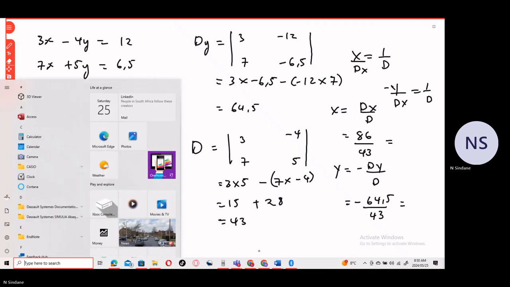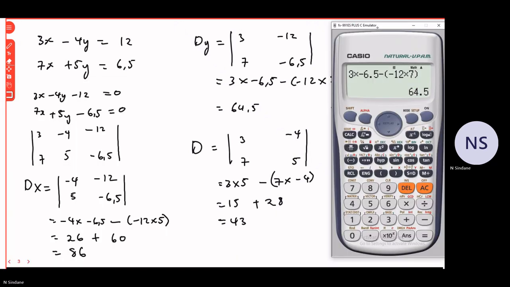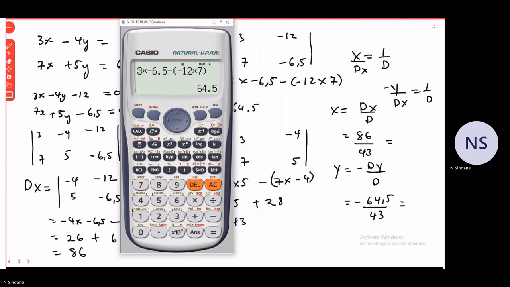Let's call upon our calculator. When calling upon our calculator, we have 86 divided by 43. That gives us 2.